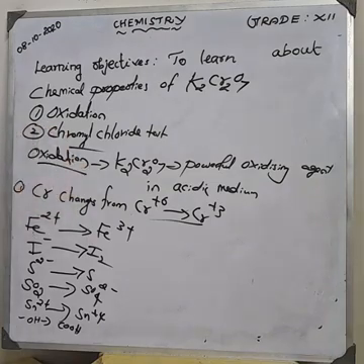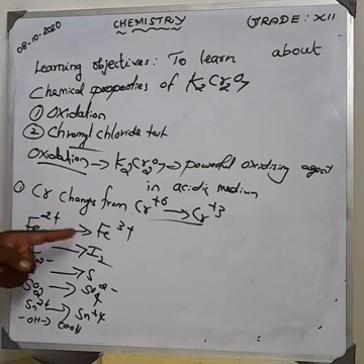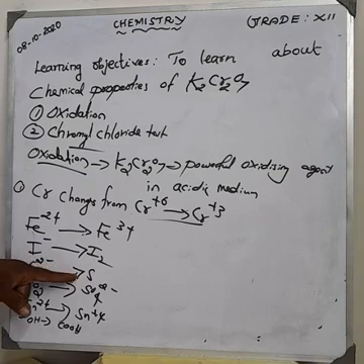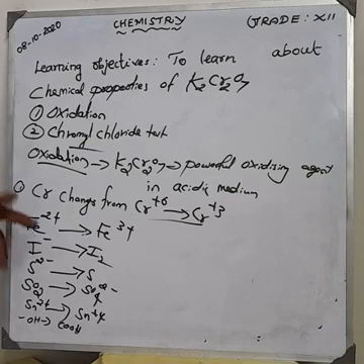Ferrous salt Fe2 plus is changed to Fe3 plus. Iodine ion is changed to iodine. Sulfide ion is converted to sulfur, and sulfur dioxide is converted to sulfate ion. Stannous salt is converted to stannic salt, and alcohol is converted to acid. These are the changes that occur in the oxidation reaction.